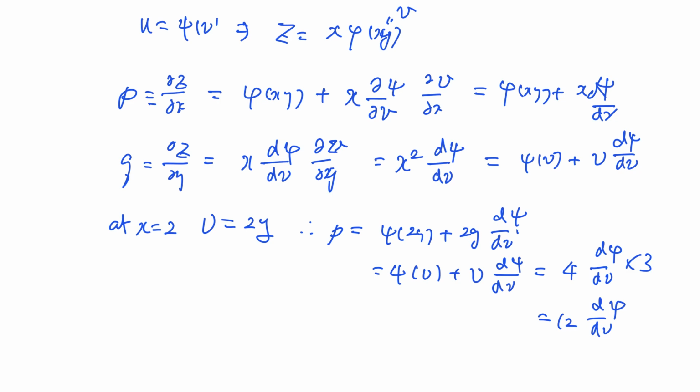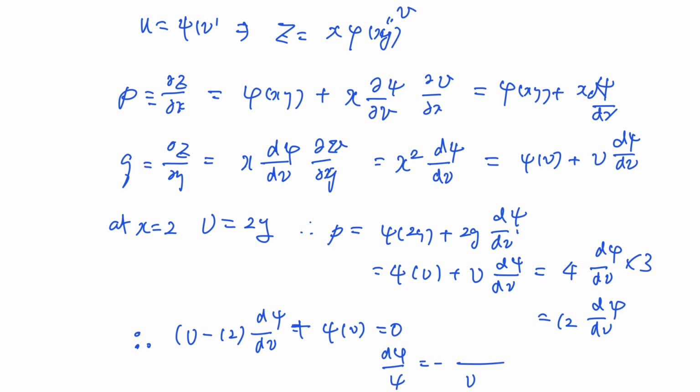So we have psi plus 2y dpsi dv minus 12 dpsi dv is equal to 0, or dpsi over psi equals dv over 3 minus 12.